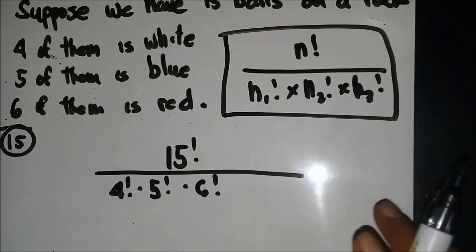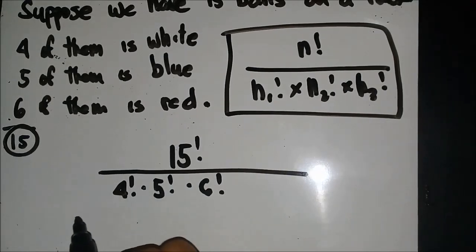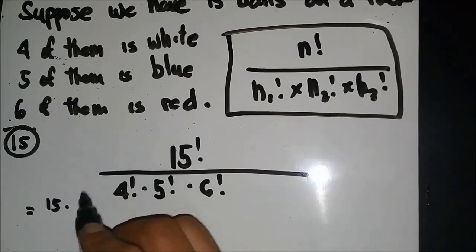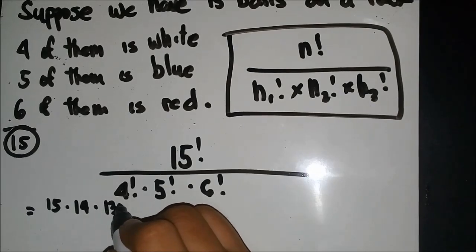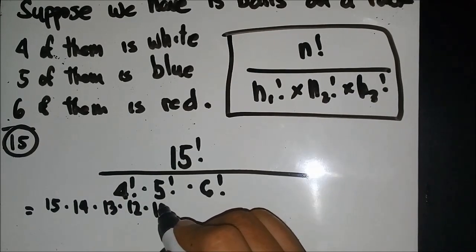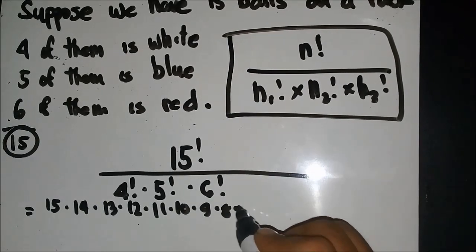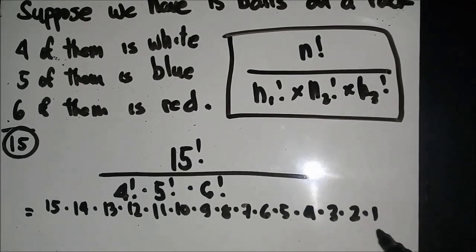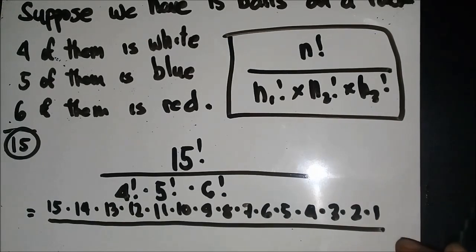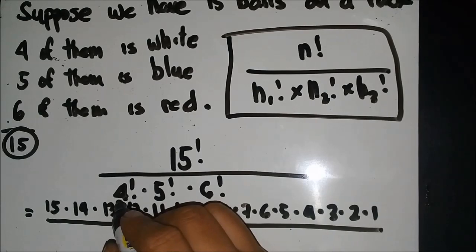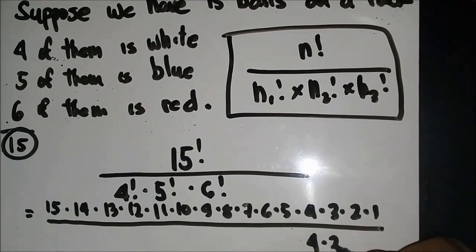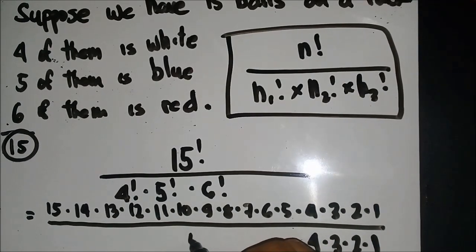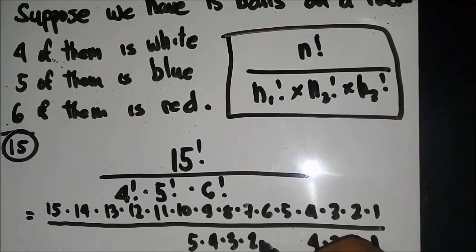Instead, notice that 15 factorial can be written as 15 times 14 times 13 times 12 times 11, 10, 9, 8, 7, 6, 5, 4, 3, 2, and 1. 4 factorial can be written as 4, 3, 2, and 1. 5 factorial can be written as 5, 4, 3, 2, and 1.